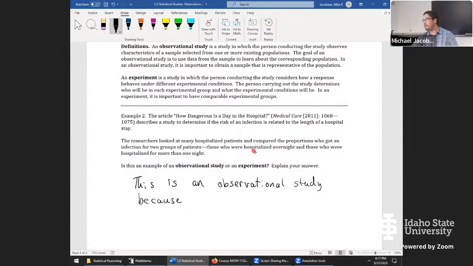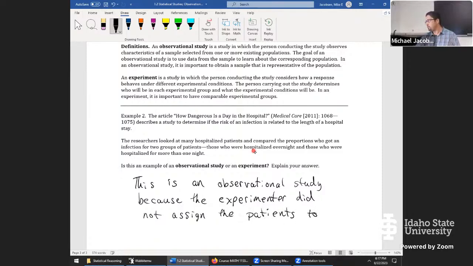I like the way you said it. Let me know if I differ from the verbiage here. I'll say because the experimenter did not assign the patients to the different groups.